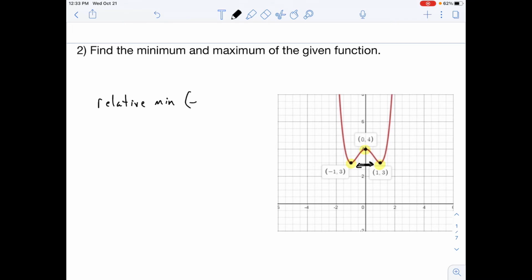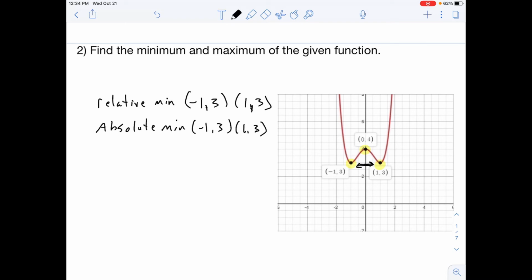So that happens at (-1, 3) and (1, 3). But because they are also the lowest point of the function throughout the entire domain, these are also absolute minimums. So (-1, 3) and (1, 3).